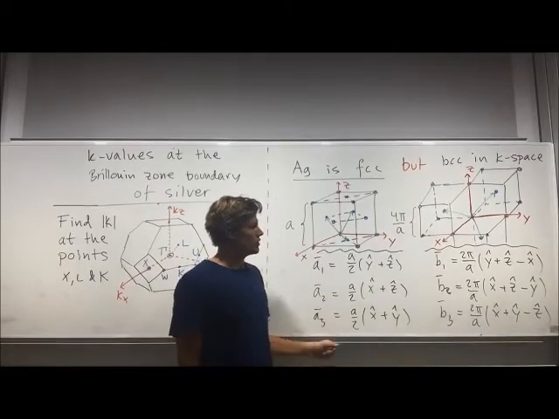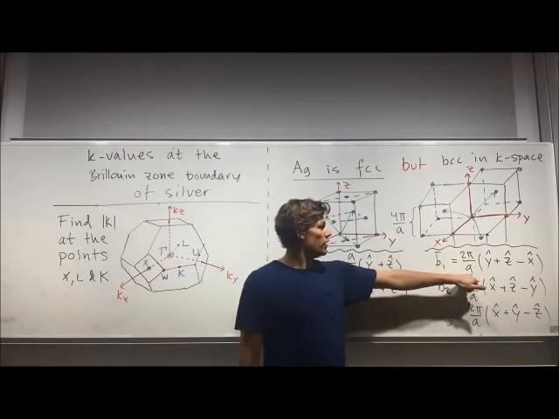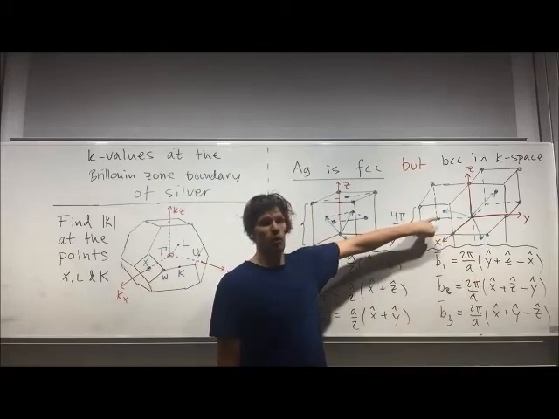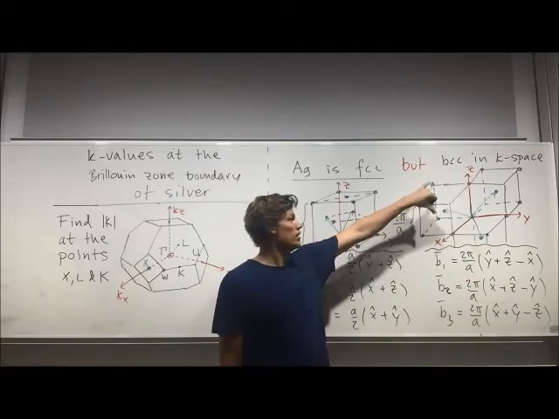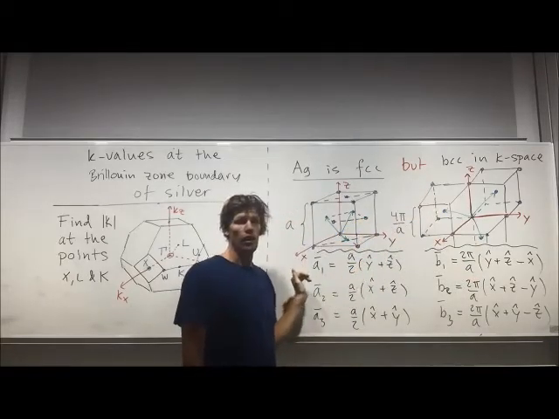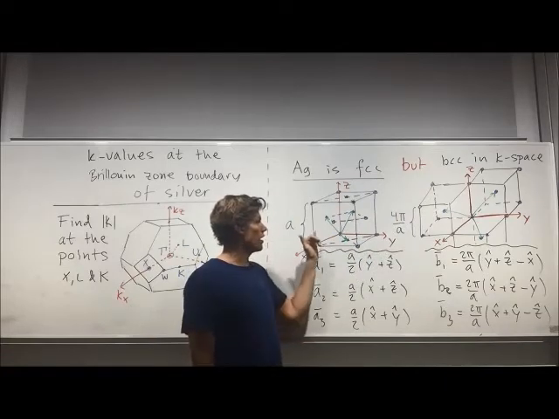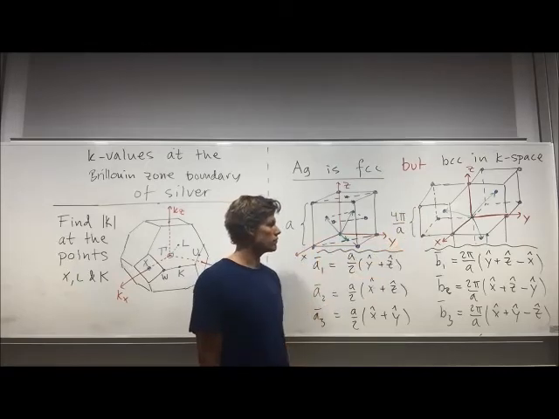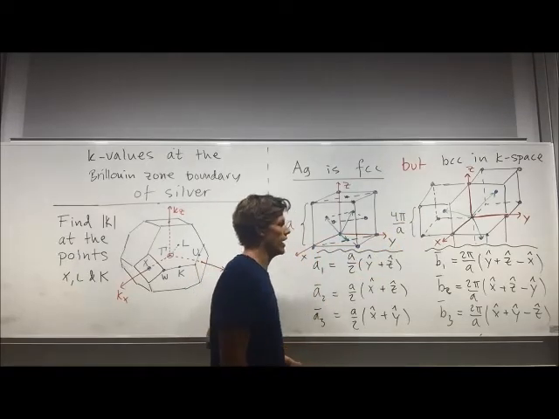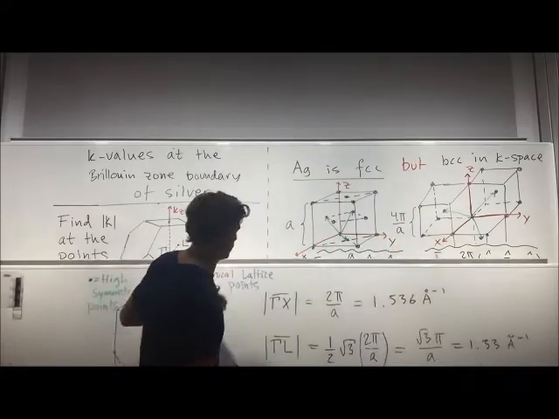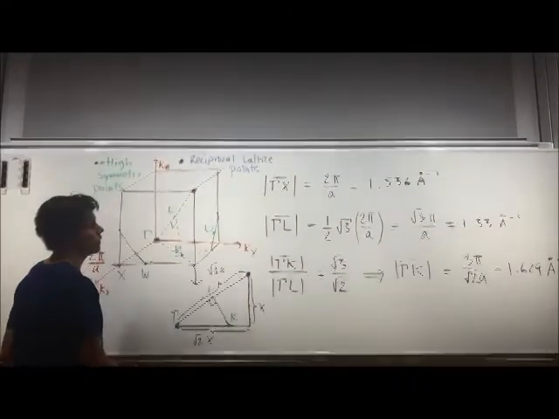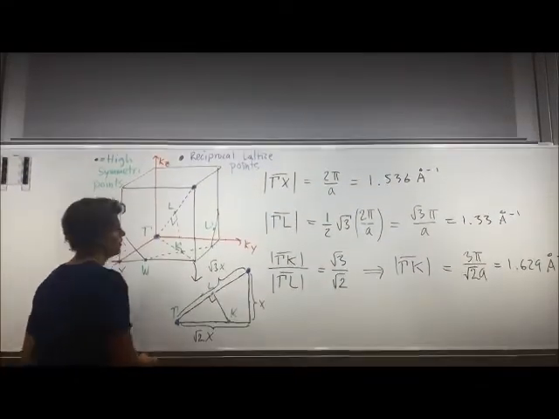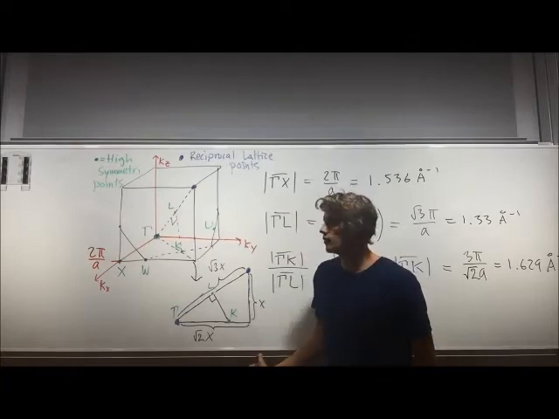As you can see here, the distance between the lattice points in a BCC that corresponds to the reciprocal space of an FCC will have the spacing of 4 pi over a. We will use that next when we map out in the BCC lattice where these high symmetry points are.